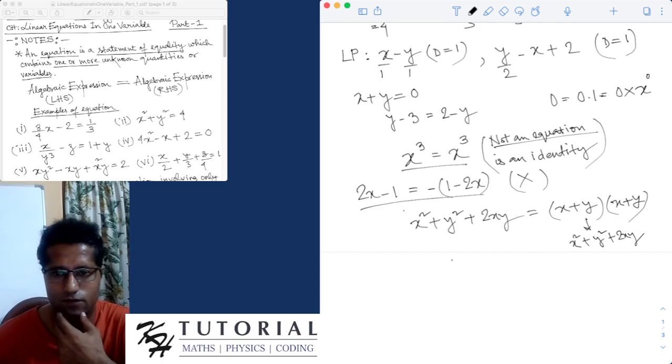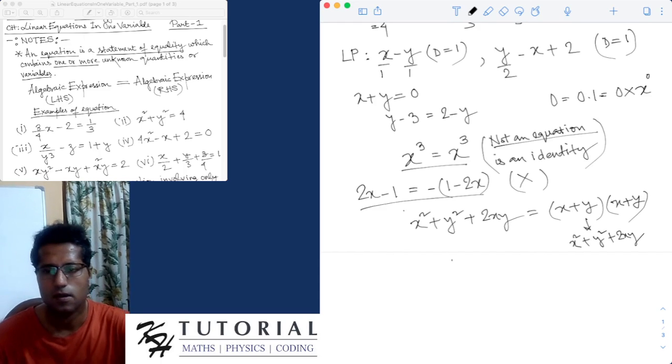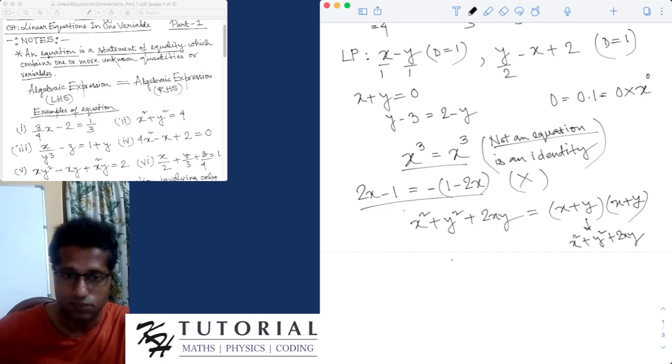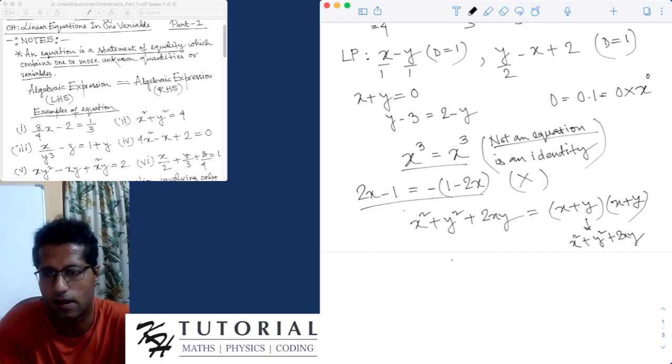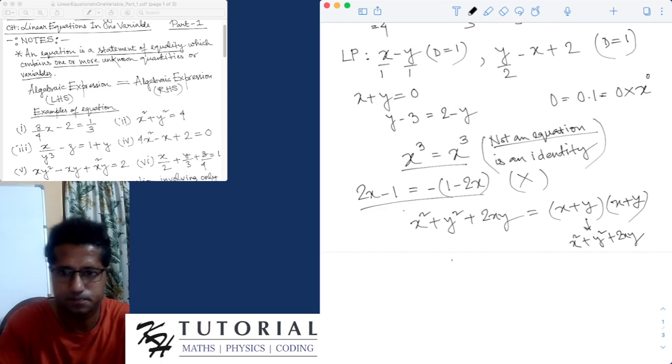So that is something to keep in mind, the difference between an equation and an identity. Even though they may look the same, if the algebraic expressions on both sides have the same structure, then that is an identity.